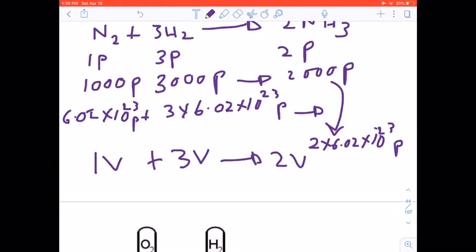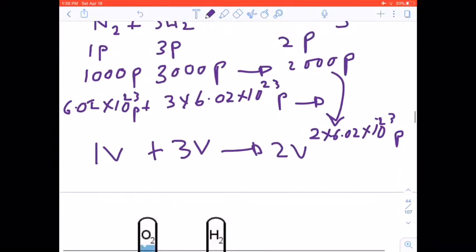That's a volume relationship. And as I have indicated earlier, the volumes are not conserved. So 1 plus 3, we then end up with a product that has a lower volume. It could be that I start with 1 liter of nitrogen plus 3 liters of hydrogen, and I end up with 2 liters of ammonia.